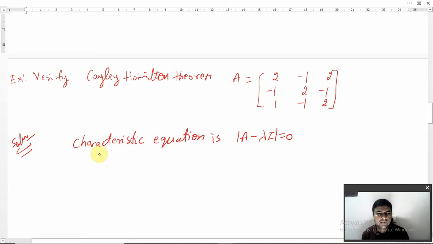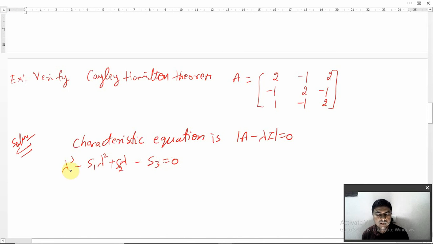Okay, so now I will take here our equation. Yes, it satisfies the equation. This is 3 cross 3 matrix. So therefore, how we are going to take the lambda? Yes, here we are going to take the lambda cube minus S1 lambda square plus S2 lambda minus S3 is equal to 0.